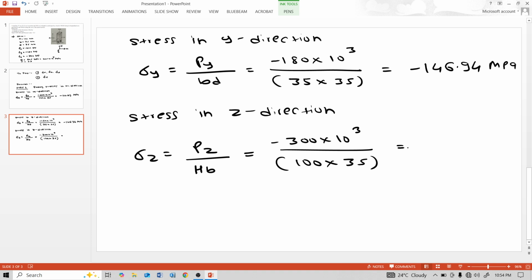Minus 300 multiplied by 10 raised to 3 divided by 100 into 35 is minus 85.71 MPa.